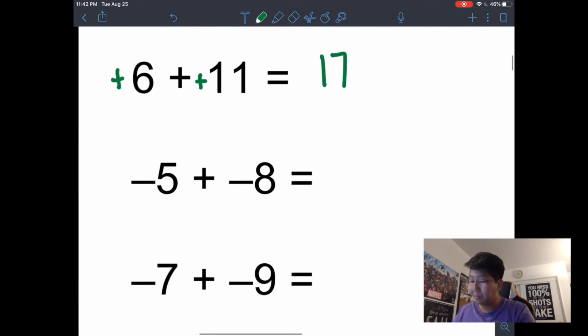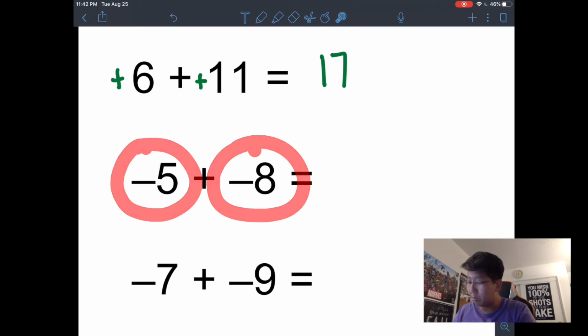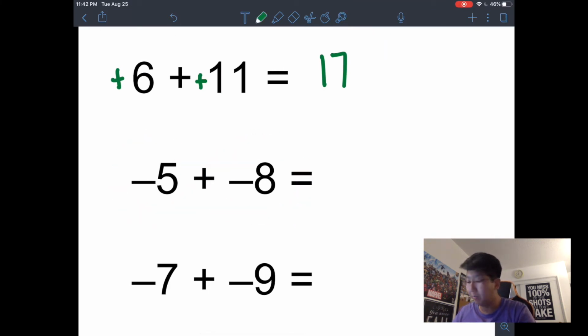The next one, we have a negative 5 and a negative 8. So we're going to add these numbers together. So 8 plus 5, we get 13. And because they're going in the same direction, they're going to go negative 5, then negative 8. The answer is negative 13.